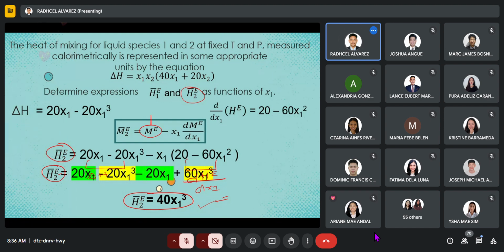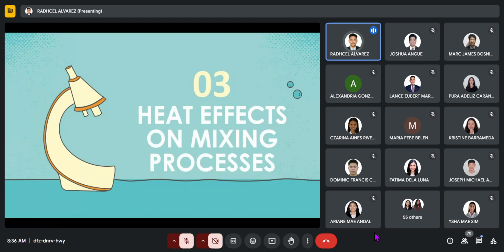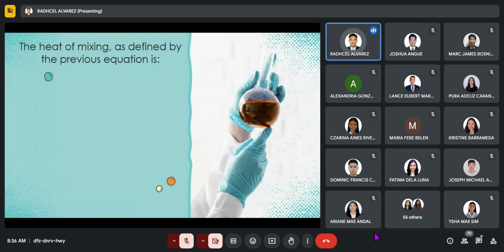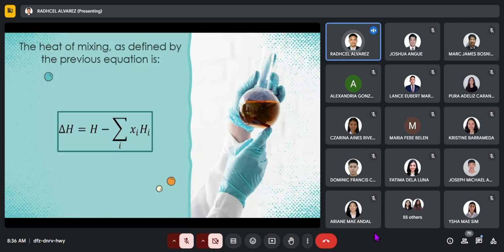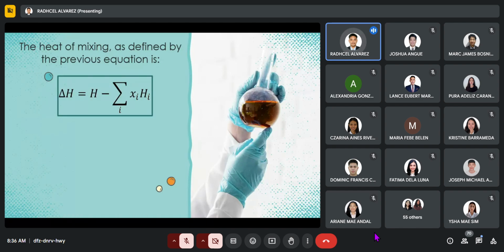Okay, thank you. So, punta na tayo sa ating sunod na topic, and this is the last part of our discussion for today, the heat effects on mixing processes. Okay? So, for this one, the heat of mixing as we defined by the previous equation, ang tawag natin sa mga delta ha, delta H, delta V, delta S, and delta G or the property changes due to mixing.